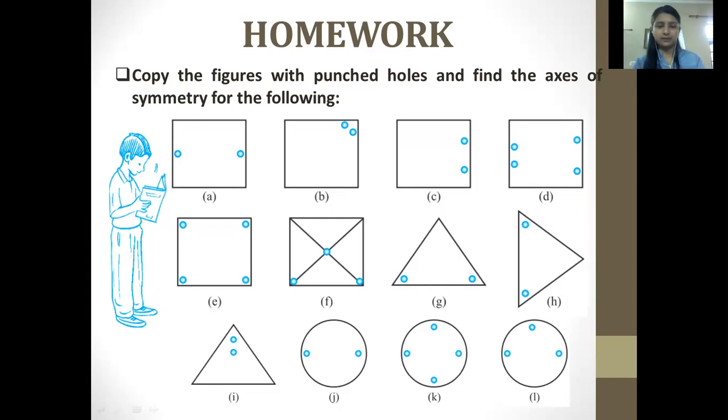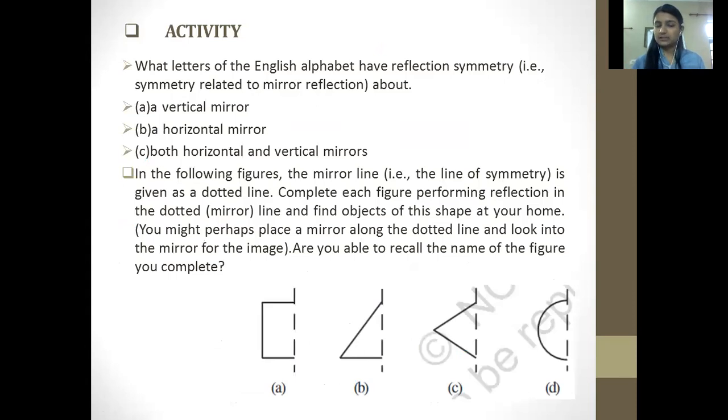You have to identify that. Okay, so the next figures would be considered the same way. Here is the activity in front of you. I have also given examples for an idea of how you would apply this activity vertically, horizontally, and both. Very good students, you have all understood the concept very well.